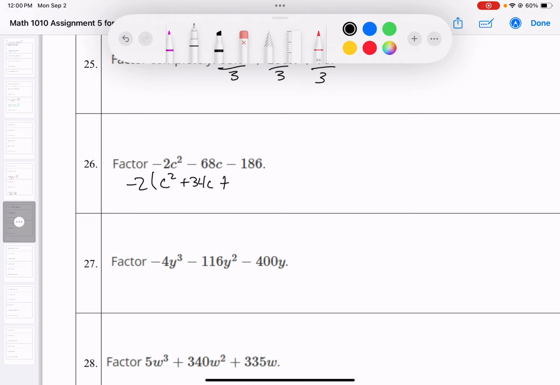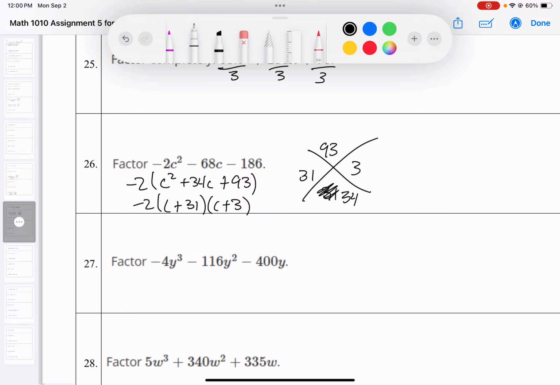That'd be 1. So that'd be 93. We just have to find factors of 93. I think it's 31. So 31 and 3. So 93, 31. Oops, 34. So that's 31 and 3. So negative 2, c plus 31, c plus 3.